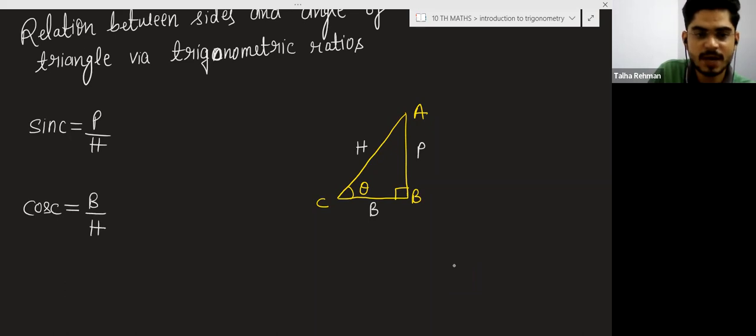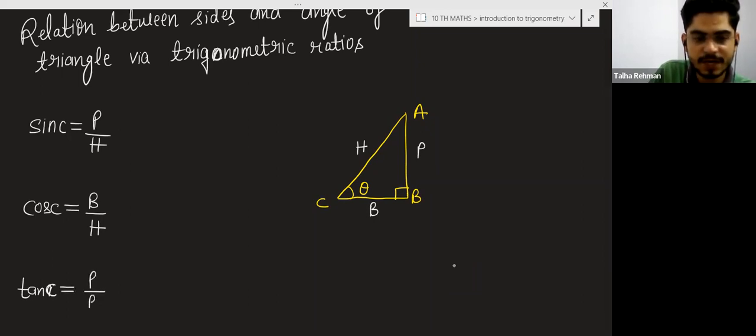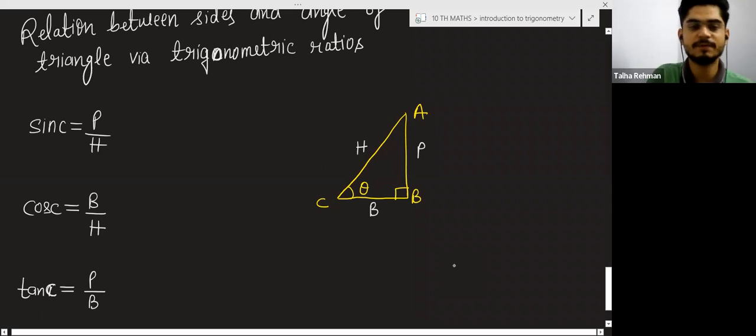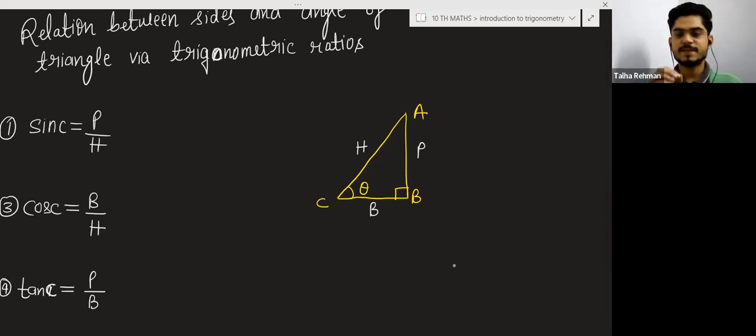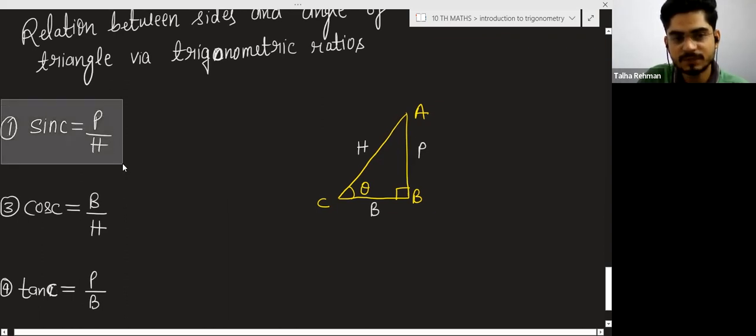For tan C, you will write perpendicular divided by base. These three things you have to learn at any cost. Other trigonometric ratios we can find with the help of these.